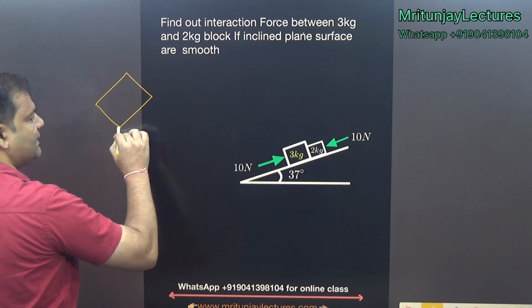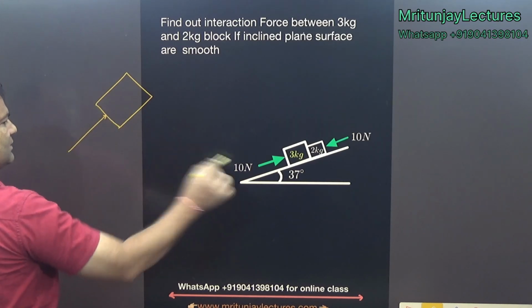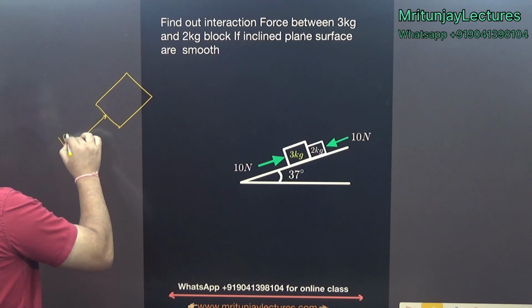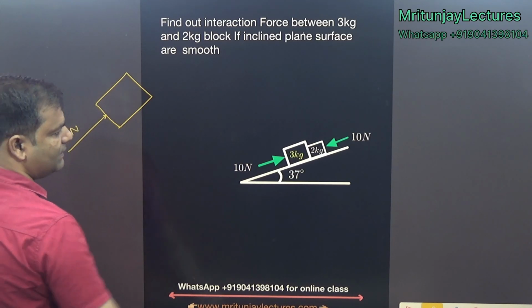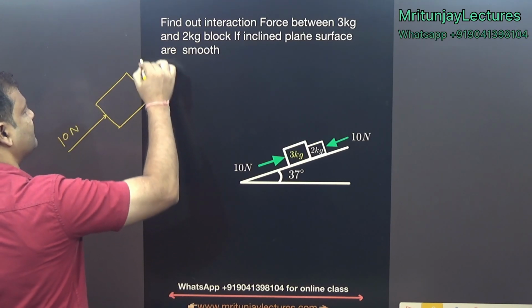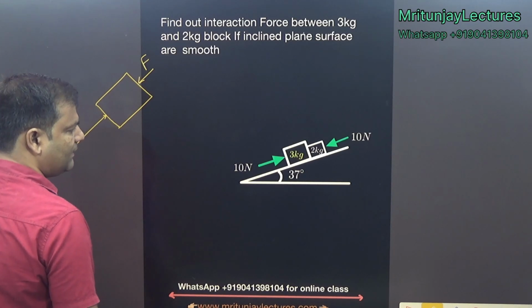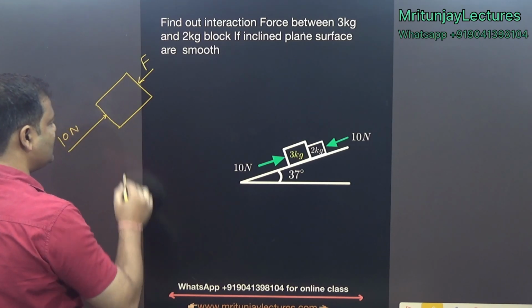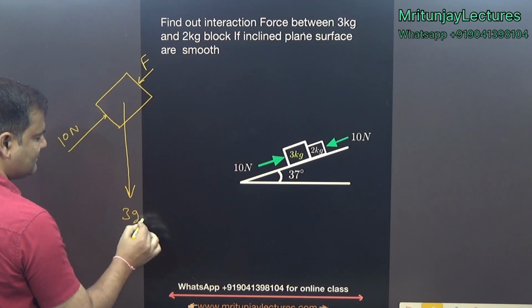that is the 3 kg block. Okay, the external force is 10 Newton, like that one. Now the 2 kg on the 3 kg block, suppose that force is F, like that one. And after that mg acts in the downward direction, that is 3g.